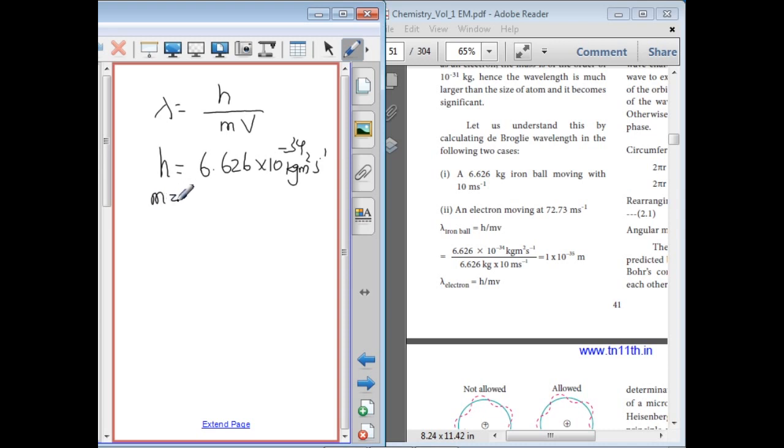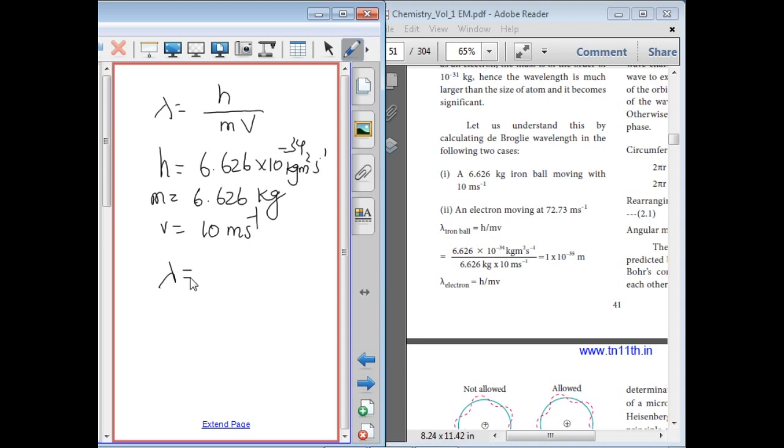Mass of the iron ball is 6.626 kilogram, and then velocity v equals 10 meter second inverse.